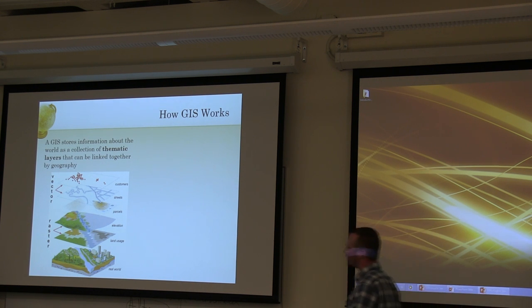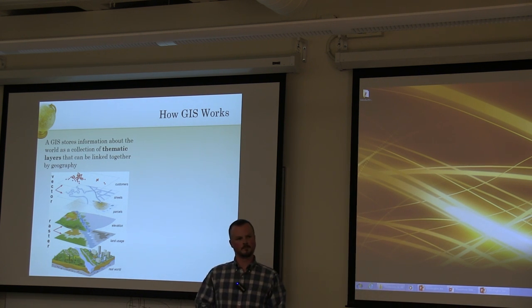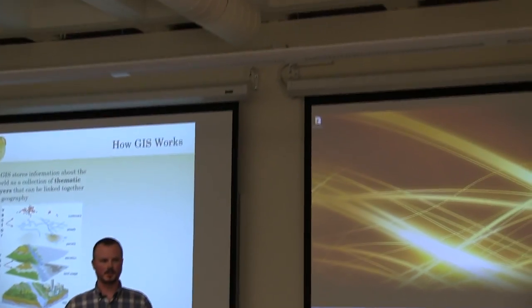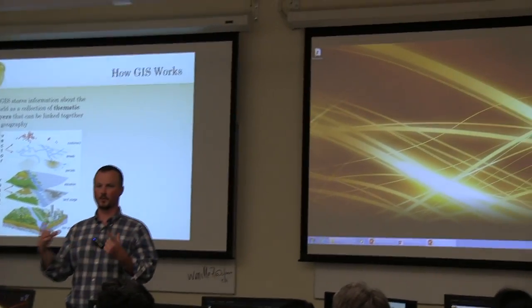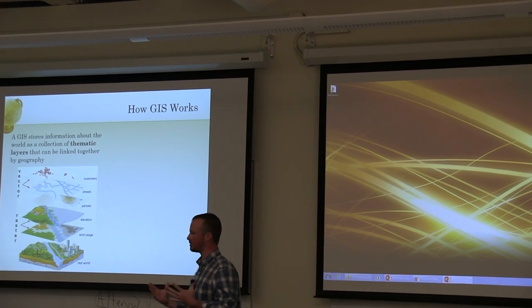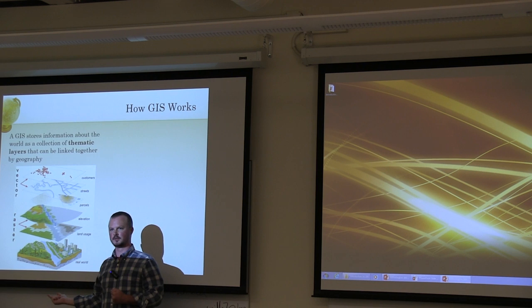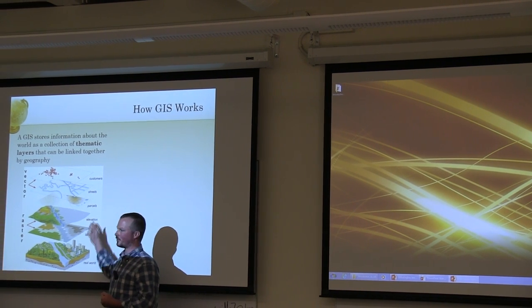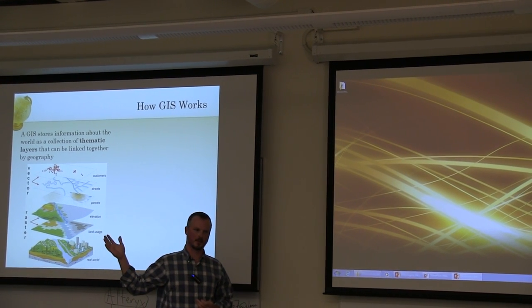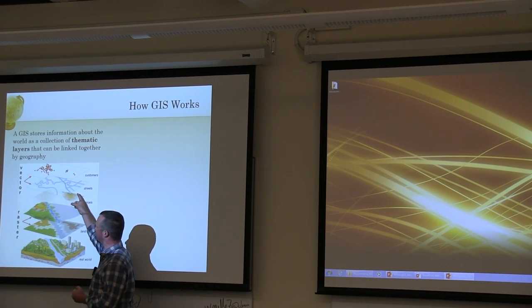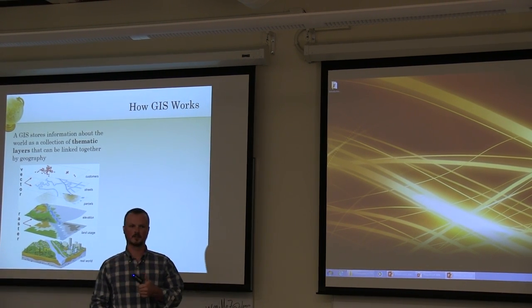So when you talk about GIS data, again, these are thematic layers, but there's really two categories of representing the world, or these data types. One of them is called vector, and one is called raster. And if you're familiar with graphics at all, you probably already understand what that means. But the vector model uses discrete coordinates, right?